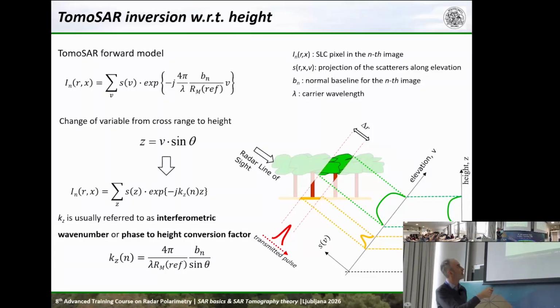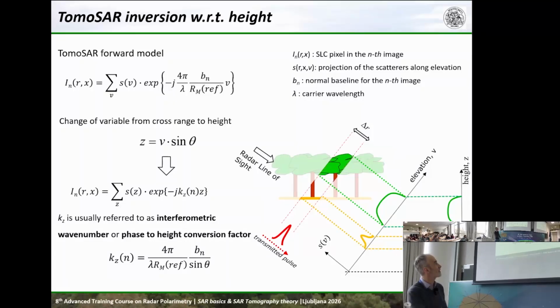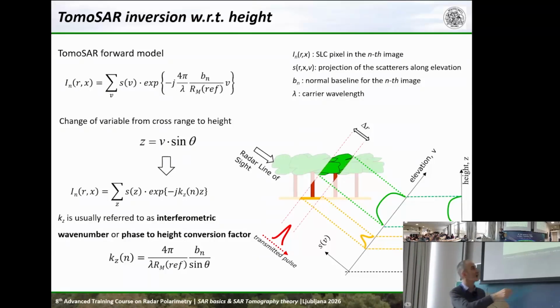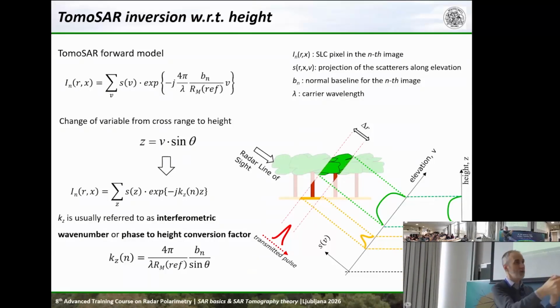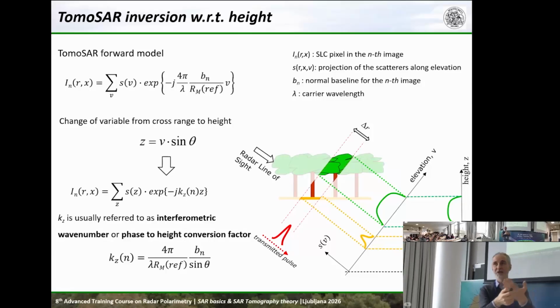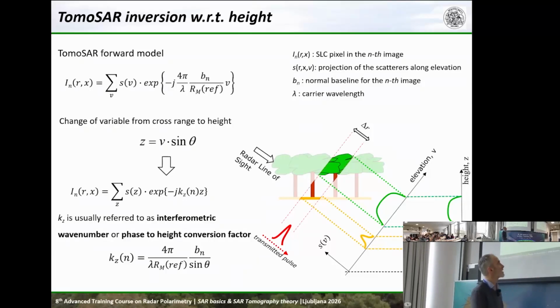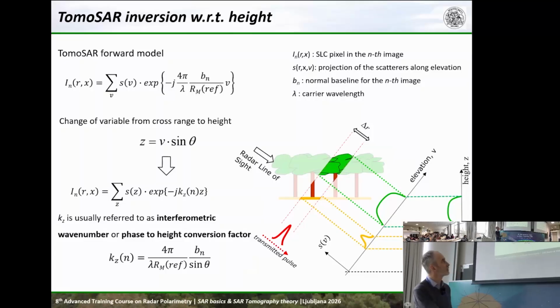Where we can say that a single SAR pixel is obtained by summing the squashed signal, so the projection of your resolution cell in elevation, according to these factors that are called the interferometric wave numbers or the phase to height conversion factor.